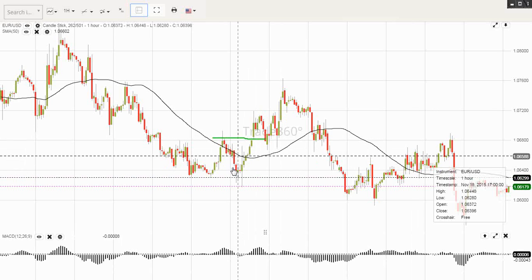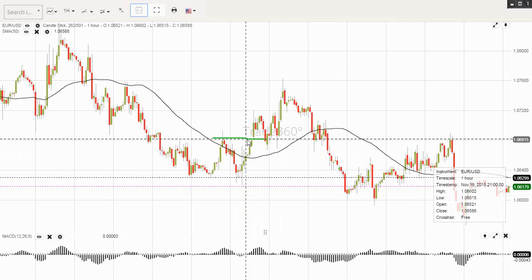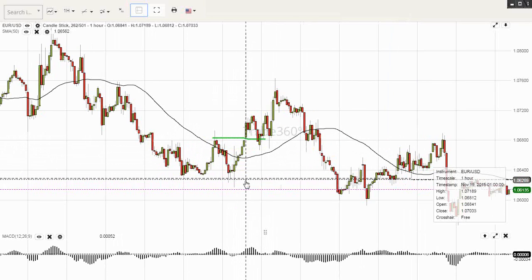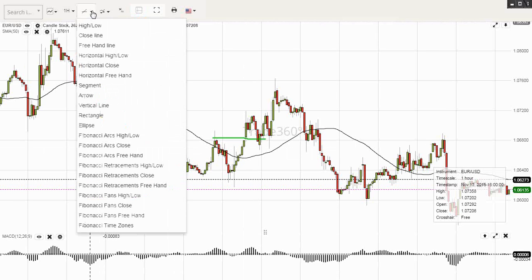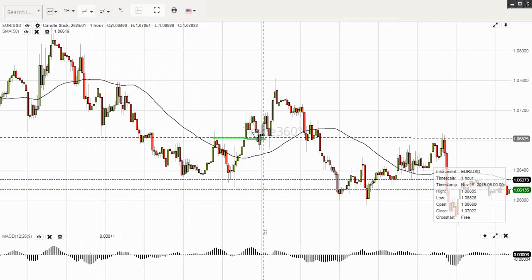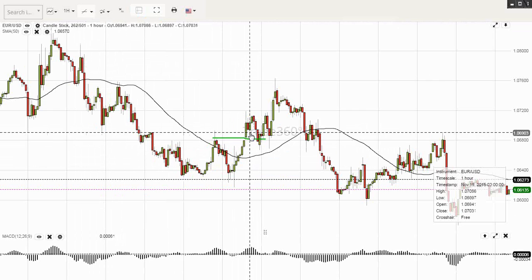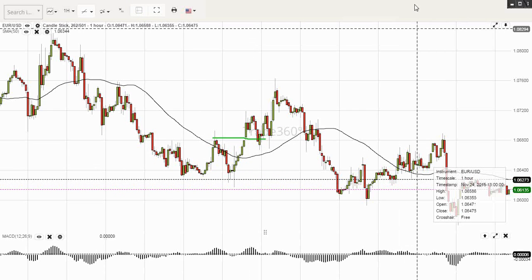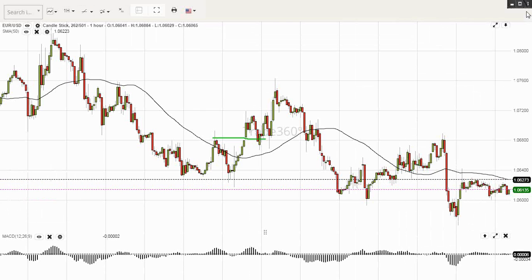So let's now look at it. What is the level that we can look for? Whatever level you have from top to bottom, let's say from here up to here, you can consider entering from there onwards.